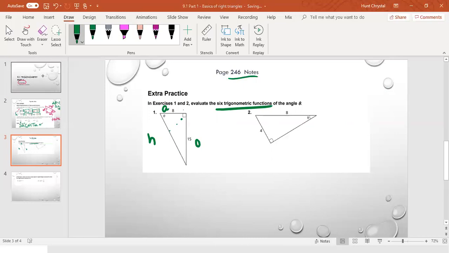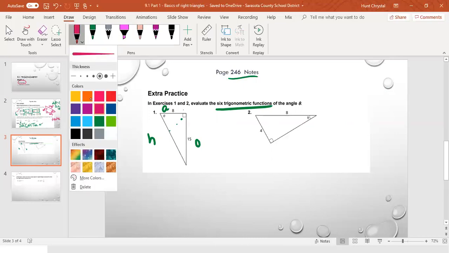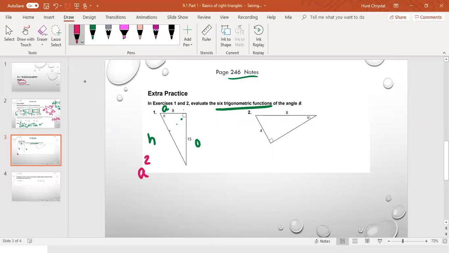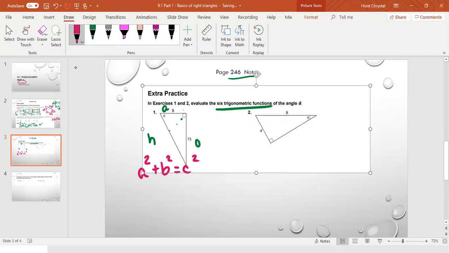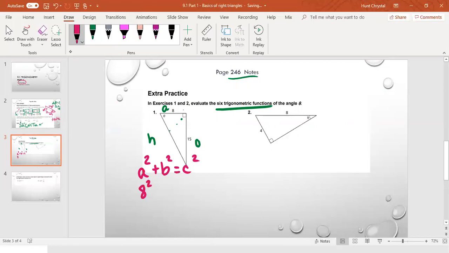So what I've got to do is just use regular Pythagorean theorem. The Pythagorean theorem is a squared plus b squared equals c squared. And if you remember, c is always the hypotenuse, so that's the thing I'm looking for. So I'm going to make 8 my a, 15 my b, and I'm solving for c in this case.